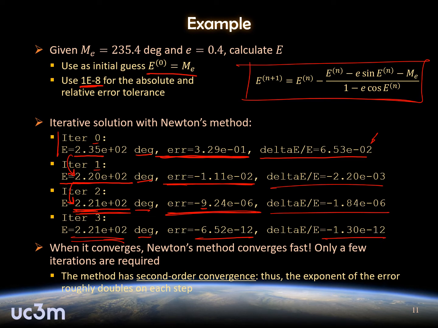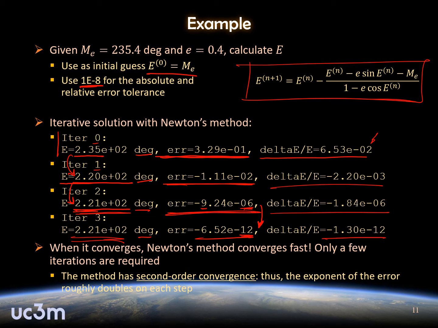And perhaps you can notice something interesting in this trend. Every time that you take an iteration, except perhaps initially where things behave a little bit different, when you are sufficiently close to the final solution, the error on each iteration doubles the order, the exponent here. So we go from -6 to -12.